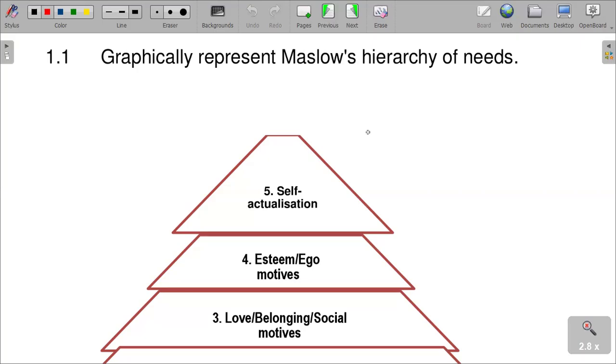So there is a pyramid that is used to explain this psychology.